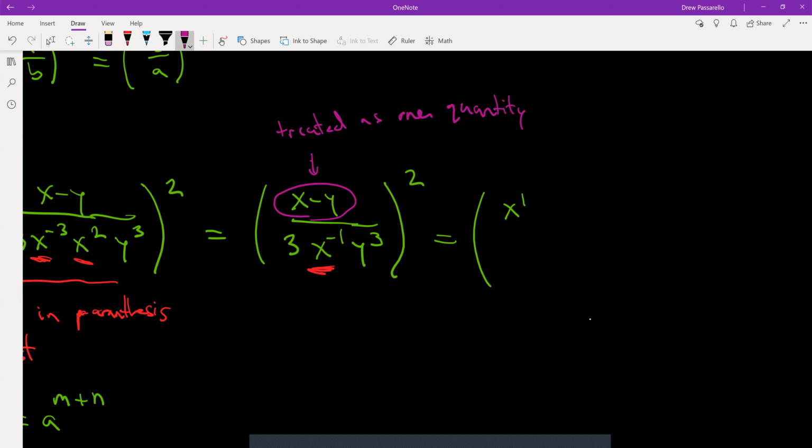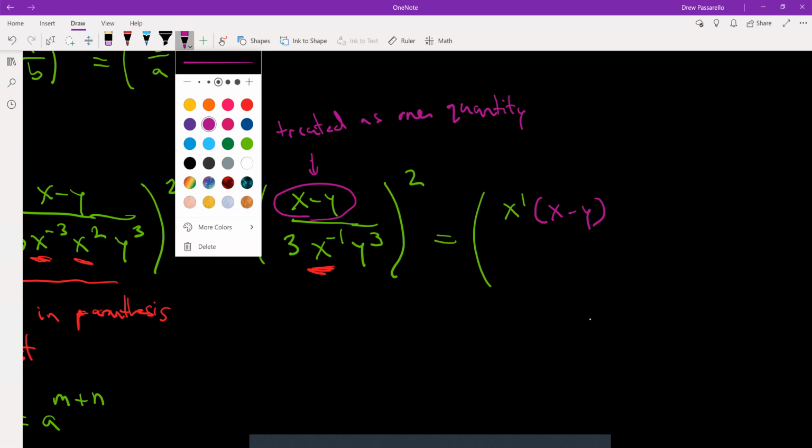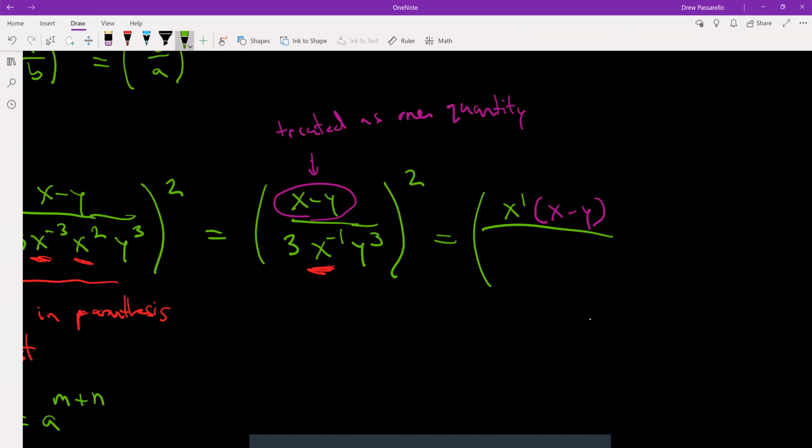And so I would put parentheses around x minus y like that, because I bring the x up top, and then I apply the x to the entire thing, x minus y. And then on the bottom now, I still have the 3. I got rid of the x, brought it up top, so then it's just 3y cubed on the bottom. And all of that squared.